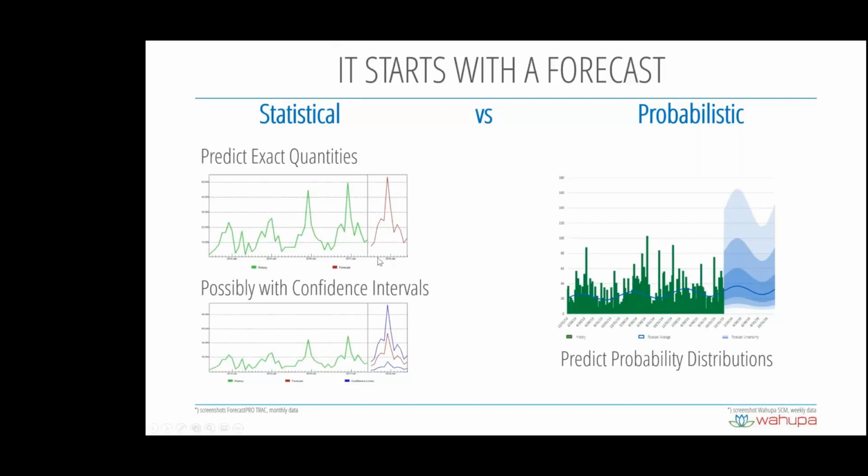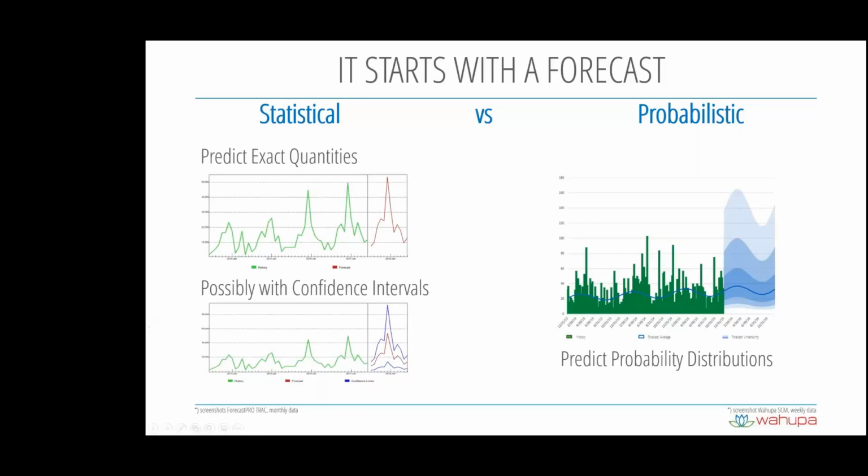Every month you predict exactly one number for each item, each location if required, and potentially you can provide confidence intervals around that. And when we provide a forecast based on confidence limits to downstream planning processes, it's often called a range forecast. So a range forecast is not yet probabilistic.